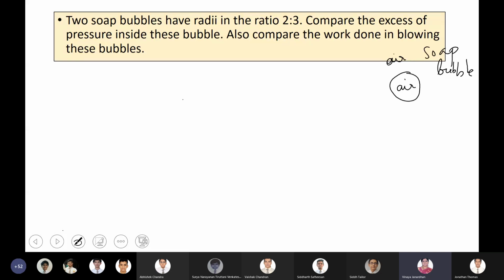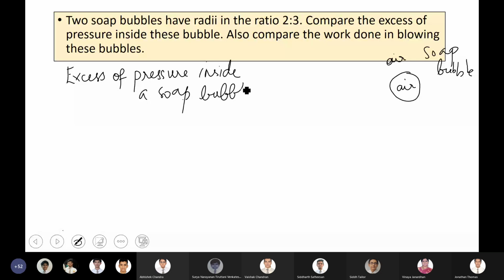So the excess of pressure inside a soap bubble, the general formula, P will be equal to 4T divided by R, because it has two free surfaces.